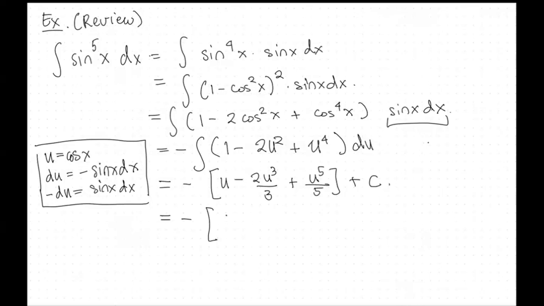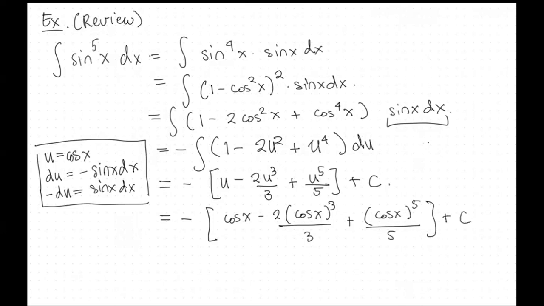So u is cosine of x minus 2, and then cosine of x raised to 3 over 3 plus cosine of x raised to 4 plus 1 is 5 over 5, and then put the grouping sign plus the constant of integration, C. Any questions so far?